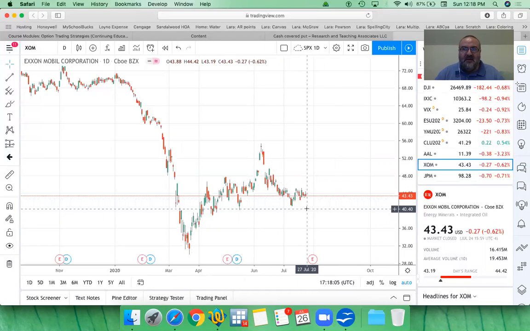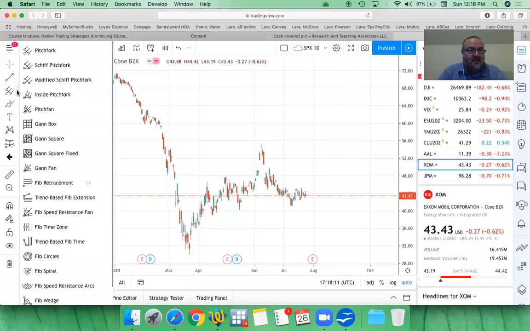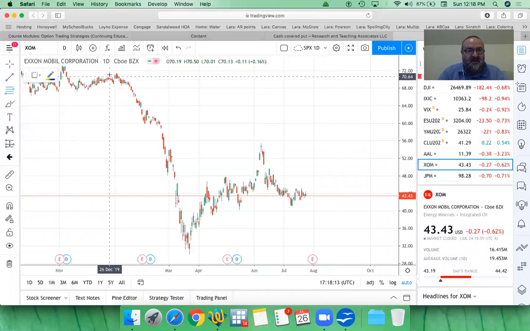So if you look at the TradingView, I mean, you could do any sort of predictive analysis, but I'm just going to do a simple Fibonacci, and you can find more about Fibonacci under my website for Research and Teaching Associates LLC, or researchata.com.